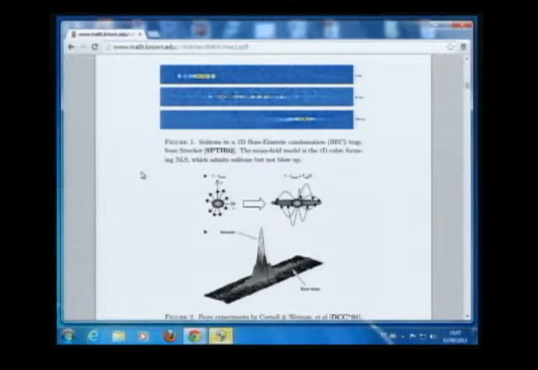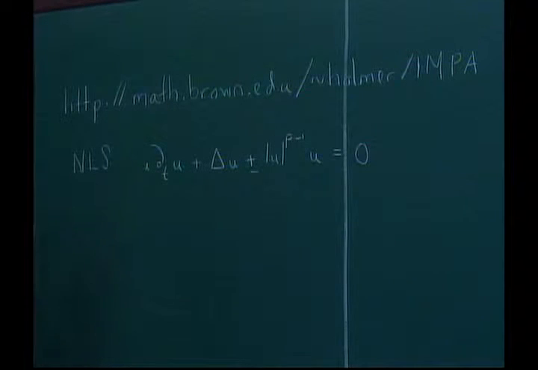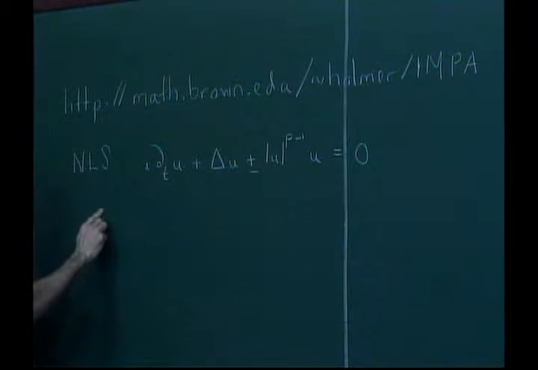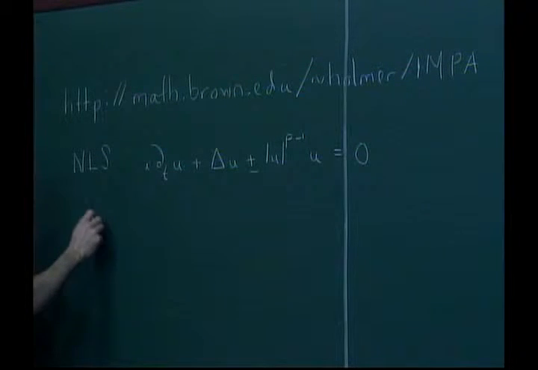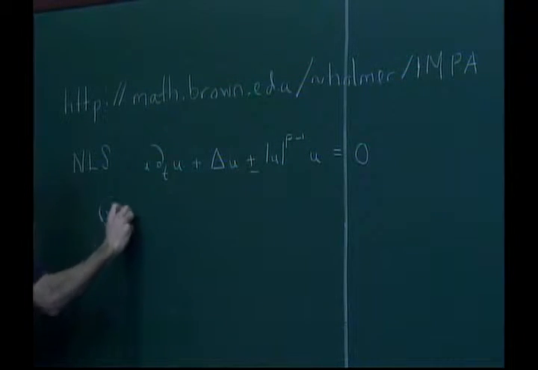Actually, why don't I start with the equation? The equation that we'll be studying is the nonlinear Schrodinger equation, the semilinear pure power nonlinearity. U is the function involved here, which is complex valued, and it's defined on R^d.